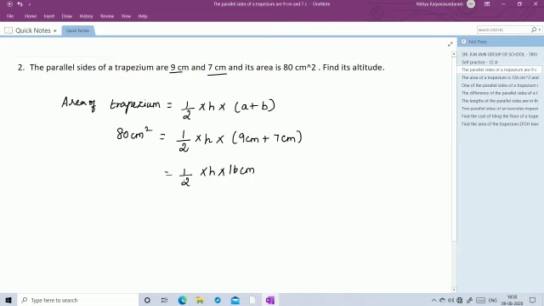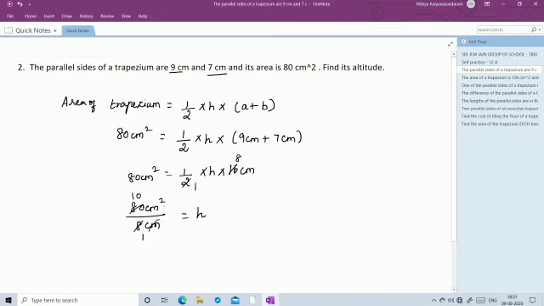Then if it is possible to cancel, cancel. 1 eights are 8, 2 eights are 16. So the area is already given, that is 80 centimeter square. If it is moving after the equal, that should be divide. So 80 centimeter square by 8 centimeter is equal to h. So again we can cancel the 8 table. 1 eights are 8, 10 eights are 80.